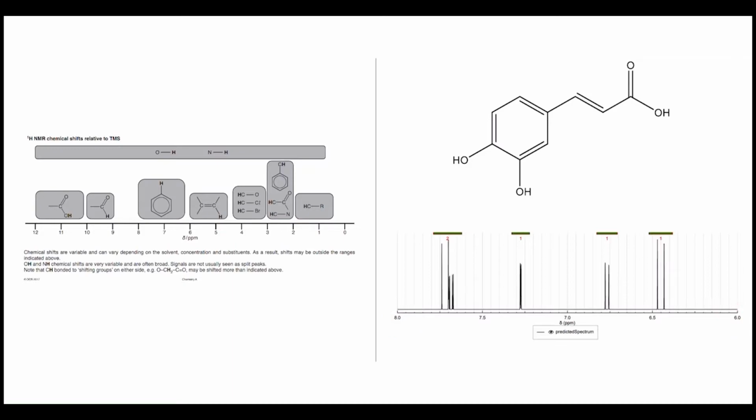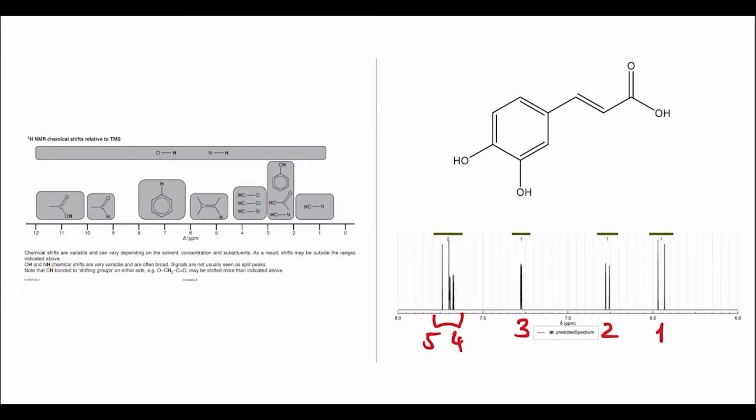Secondly, let's look at the number of peaks. So we have one here, second one here, third one here, and this part has two peaks very close to each other. So there are 5 peaks.